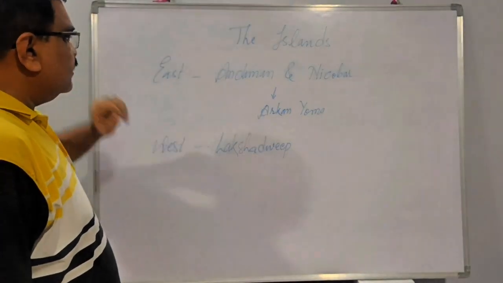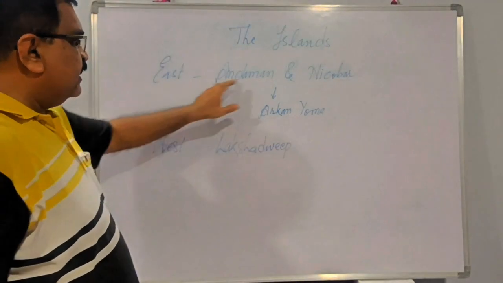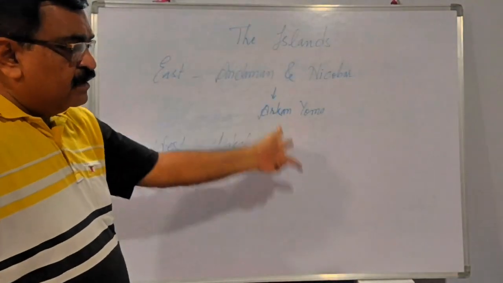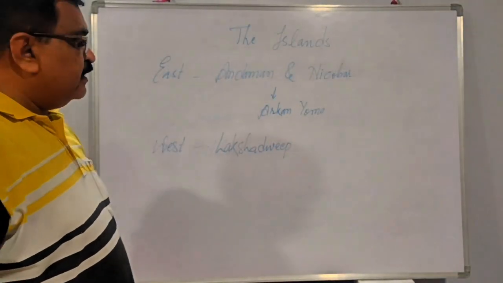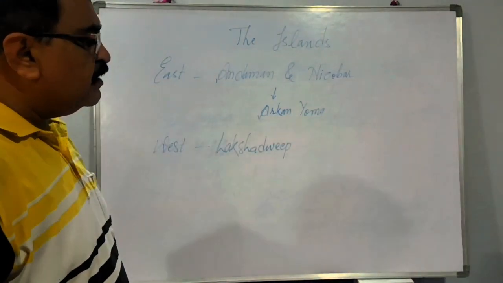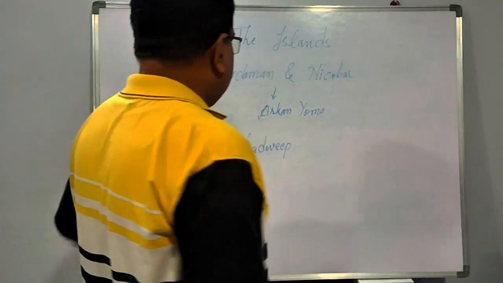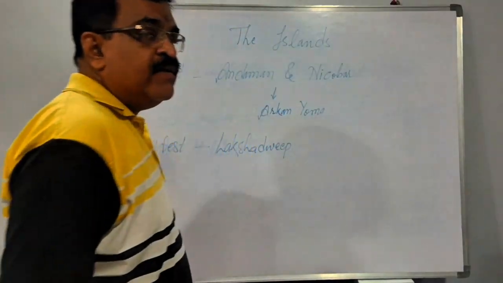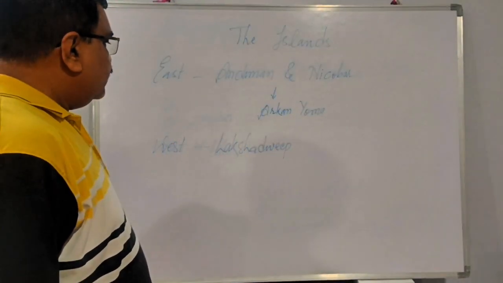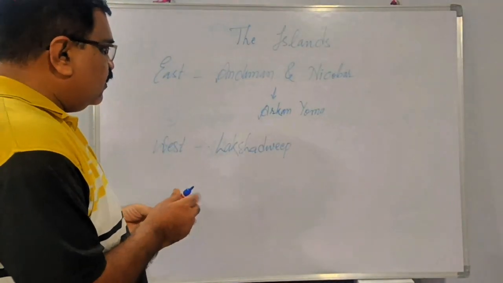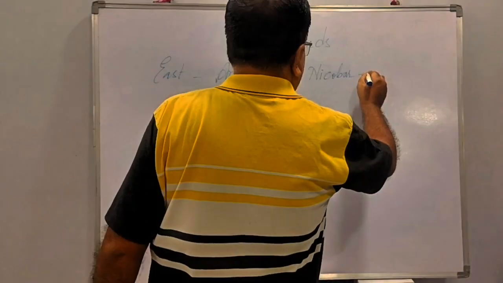The eastern island groups are Andaman and Nicobar, which are in the Bay of Bengal. Andaman and Nicobar are the longest stretched islands in our India. These islands are formed of volcanic origin.